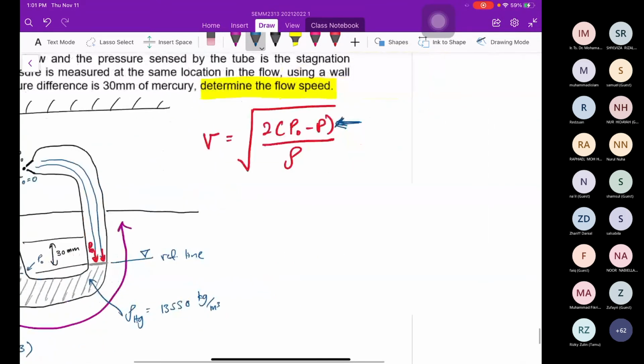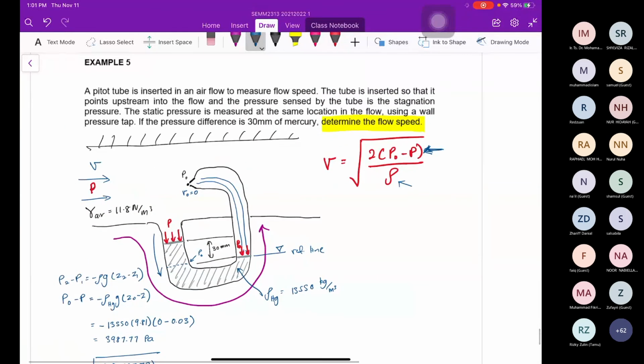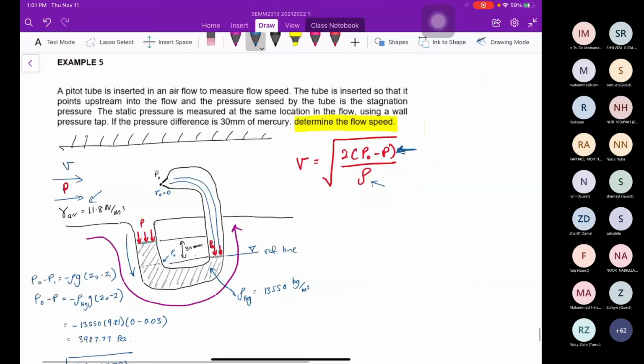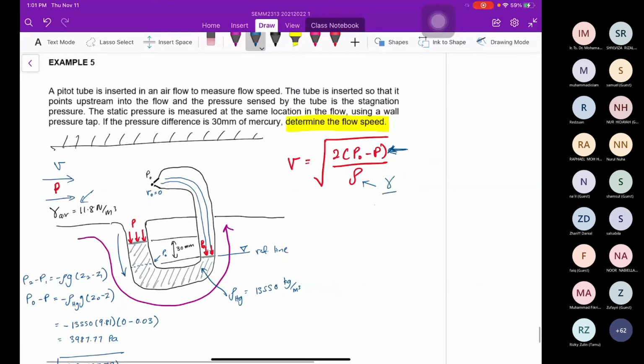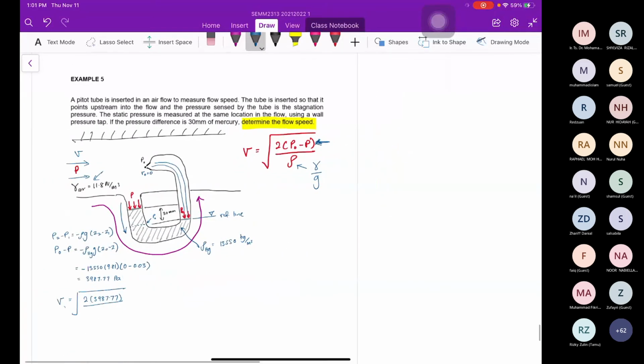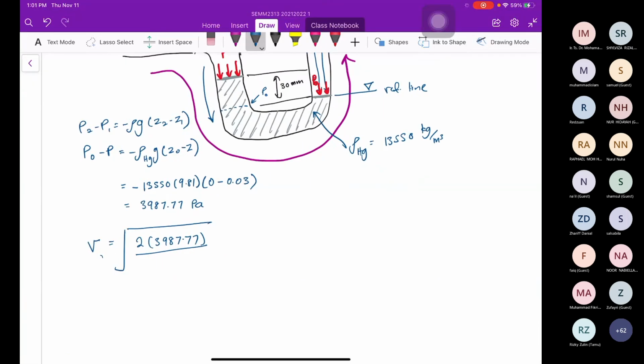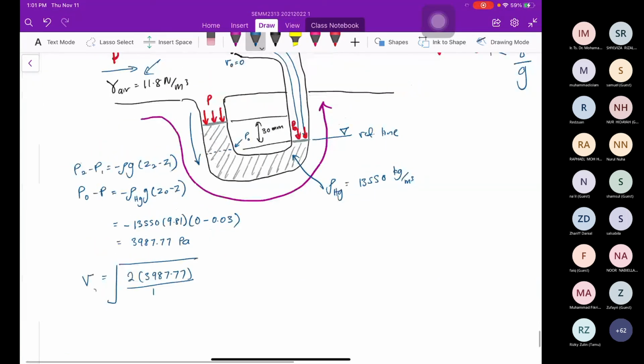So this density of air, this is the gamma. So in order to get density, gamma divided by gravity. Okay, so gamma is given 11.8 divided by 9.81. You will get the final 81.4 meter per second. So that is the final value to get the velocity.